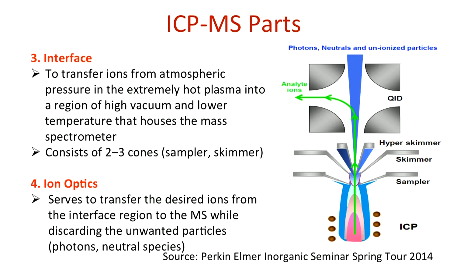Then next we have the ion optics. The ion optics basically transfer the desired ions from the interface region to your mass spec, while it discards photons, neutrals, and the particles that were not ionized.